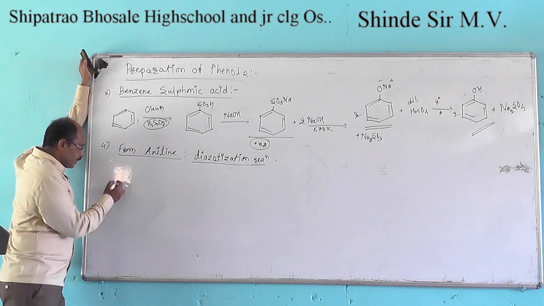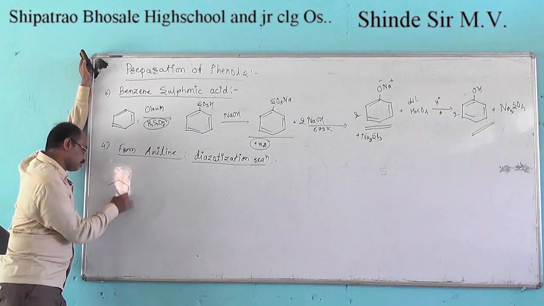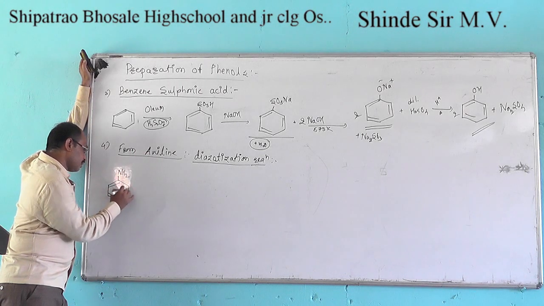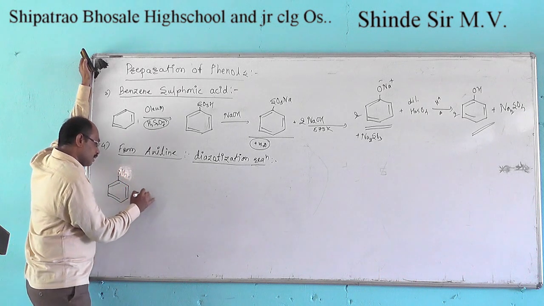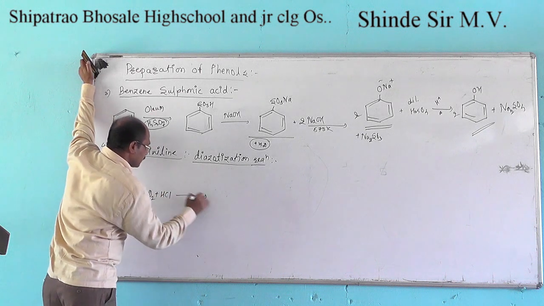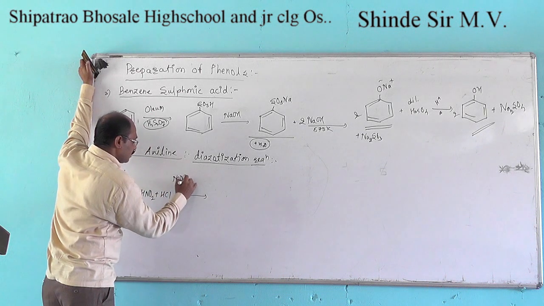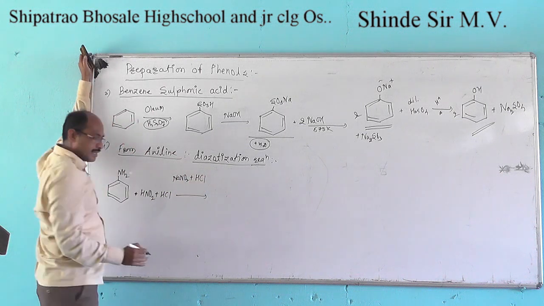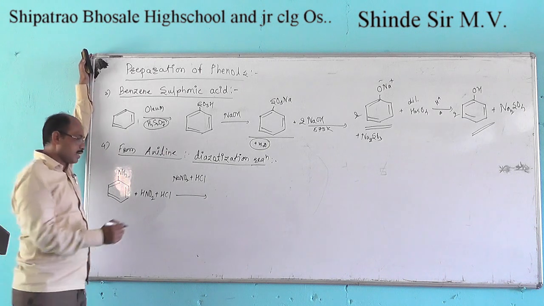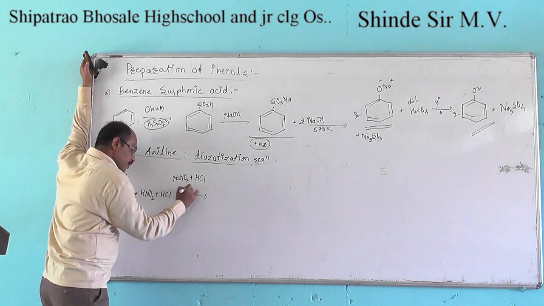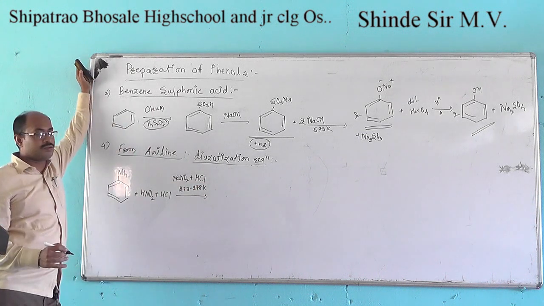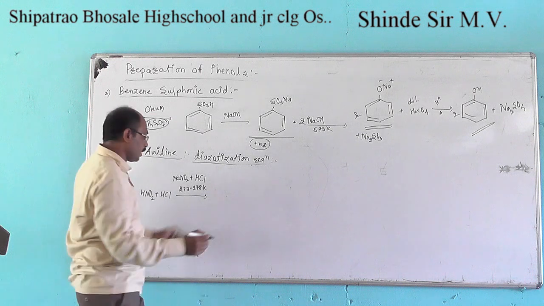Aniline on treatment with nitrous acid, which is prepared in the reaction by the action of sodium nitrite and hydrochloric acid at ice cold condition, forms a diazonium salt.